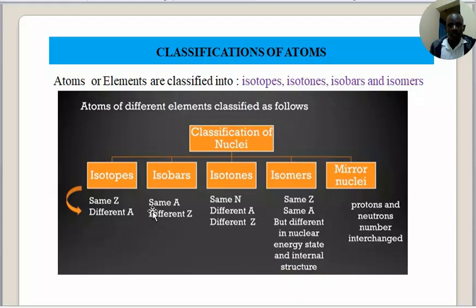Isobars have the same mass number and different atomic number. Isotones have the same number of neutrons, with different atomic number and different mass number. Then we have the isomers, then we have the mirror nucleus, which we're going to look at.